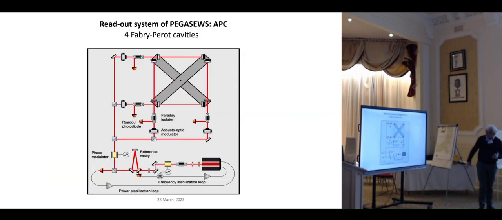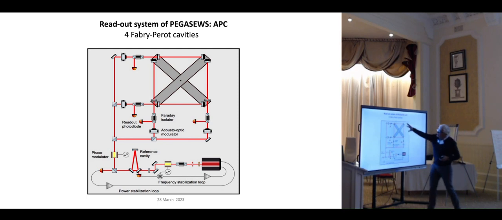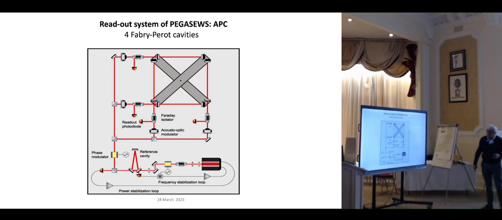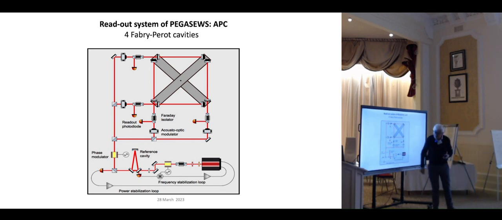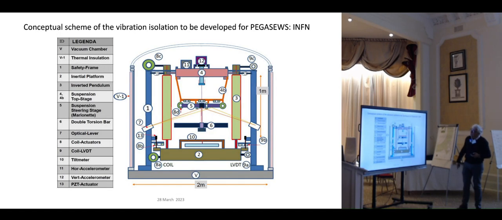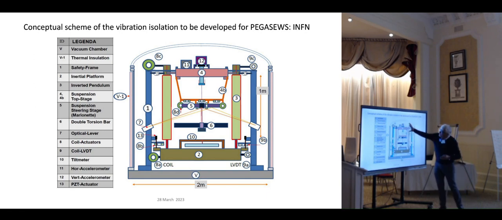The readout system is also based on Fabry-Perot cavities, interferometers, and it's quite sophisticated. It was designed by people at APC, the astroparticle laboratory in Paris. What is very important is the isolation system. Again, I don't want to detail the different points.